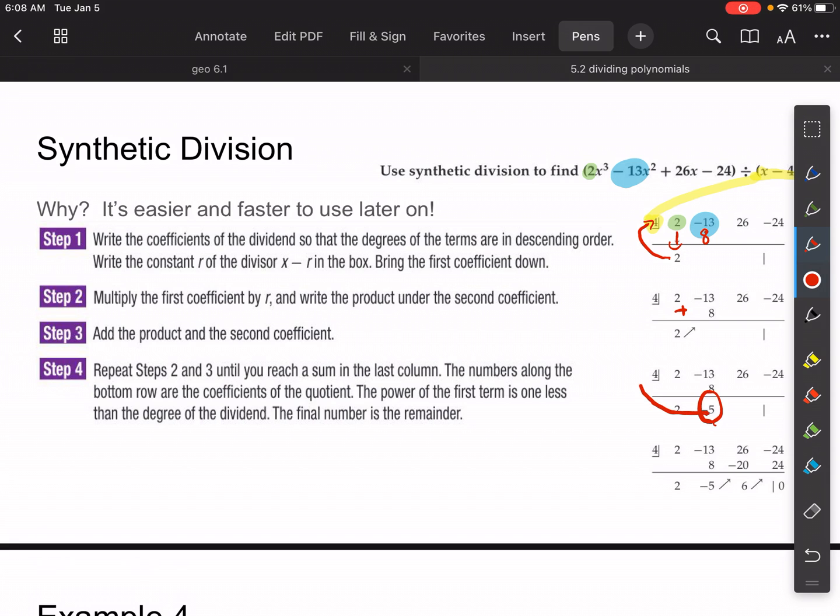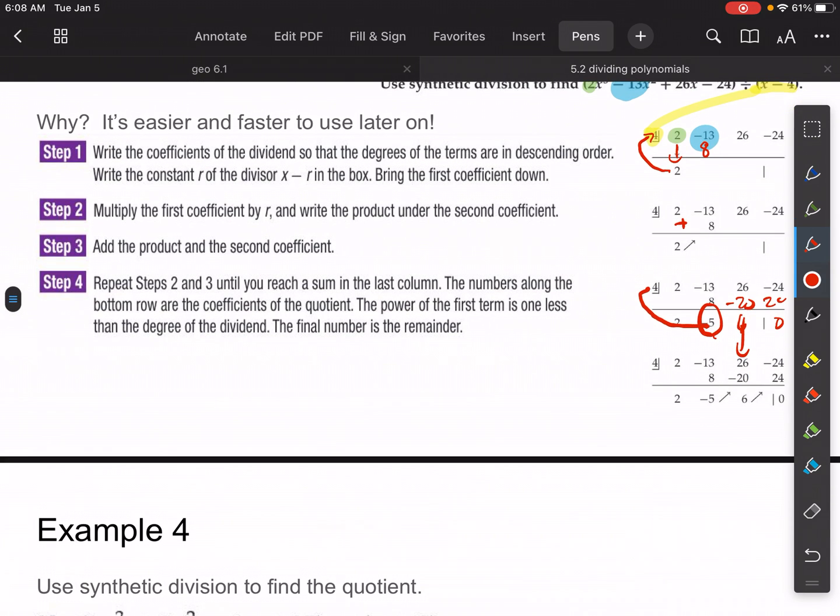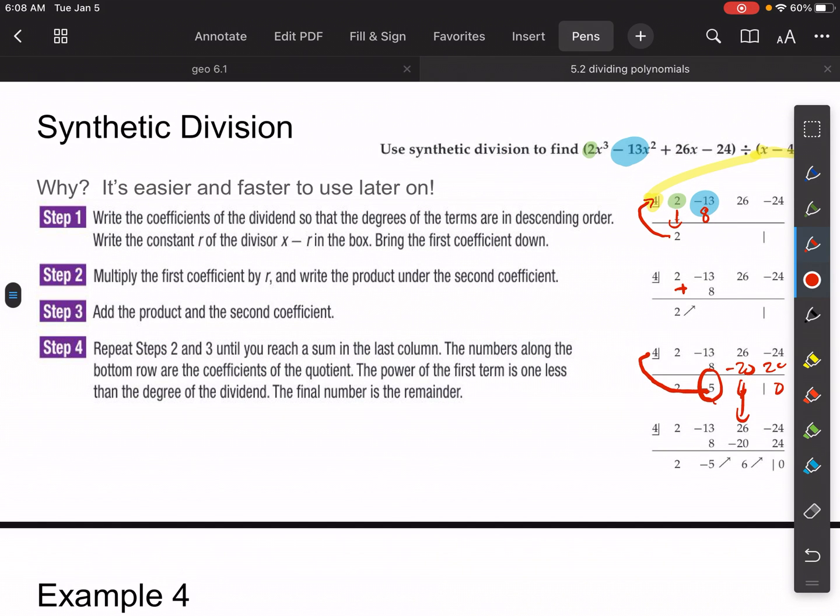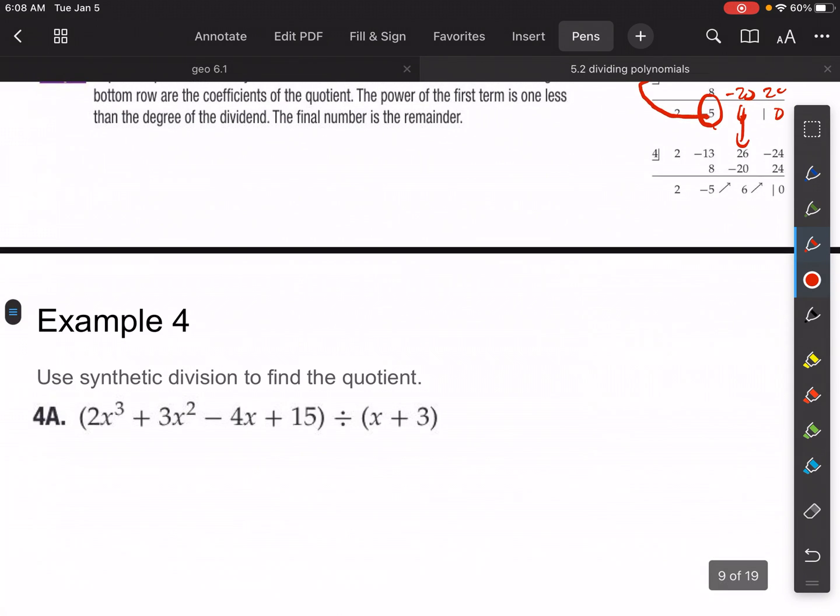Negative 5 times 4 is negative 20. Notice that's what they put there. Add those two together, you get 6. 6 times 4 is 24. What do you have left? 0. So this is kind of the process and what it looks like. And why we do it is it's easier and faster later on when you have long problems.